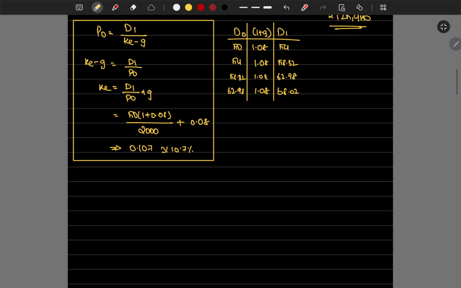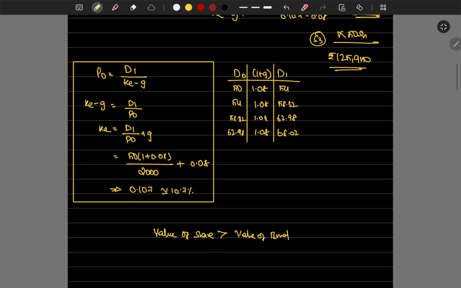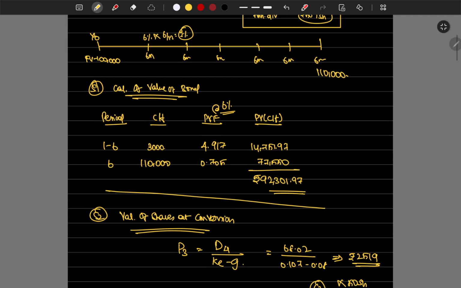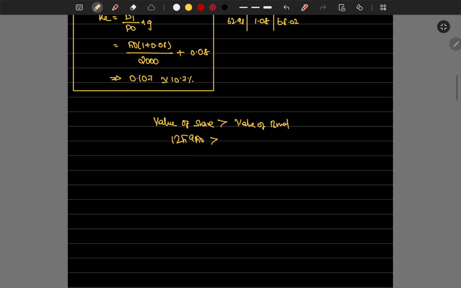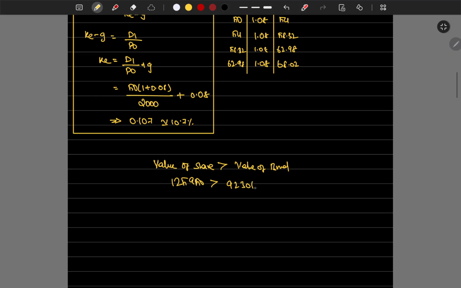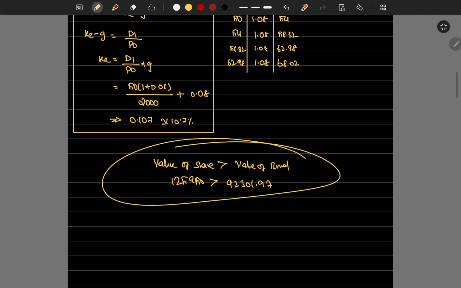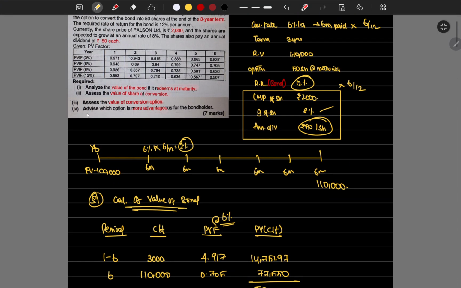So now the value of shares is greater than the value of the bond: 1,25,950 against 92,301.97, right? Yes. See, we have to opt for the conversion, because conversion is most beneficial. That's it. We have answered all the questions.